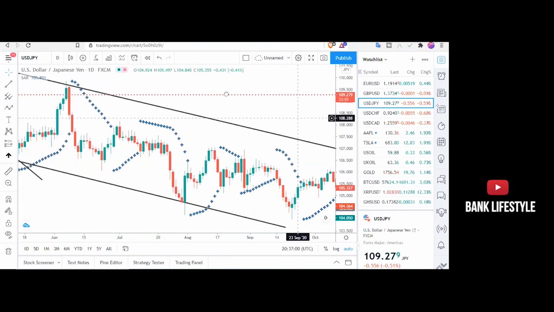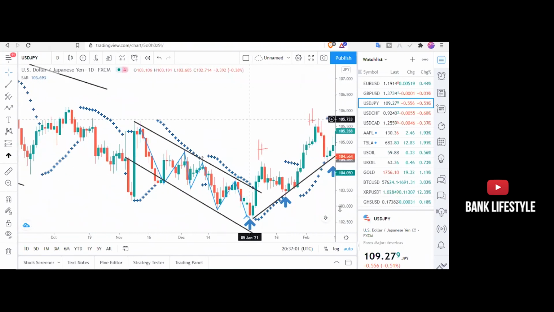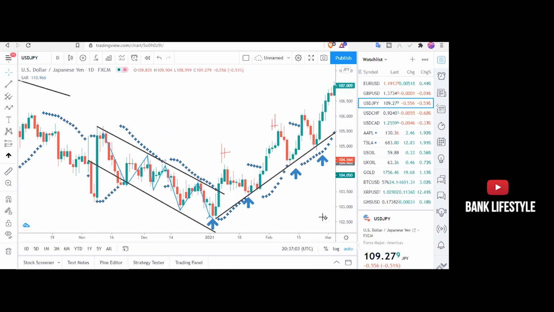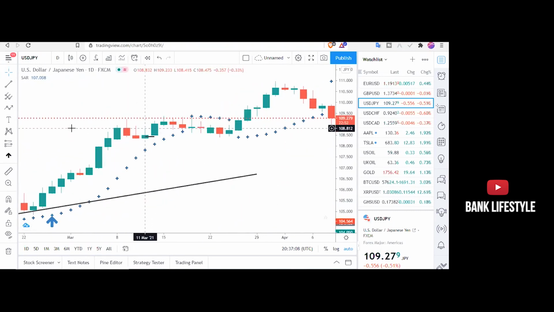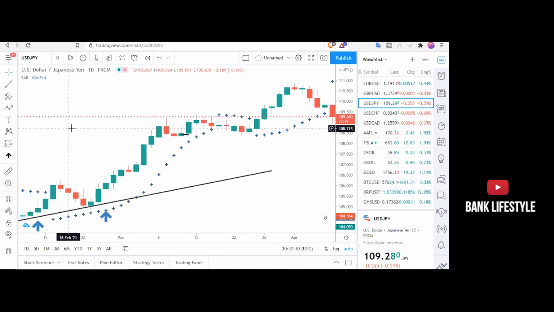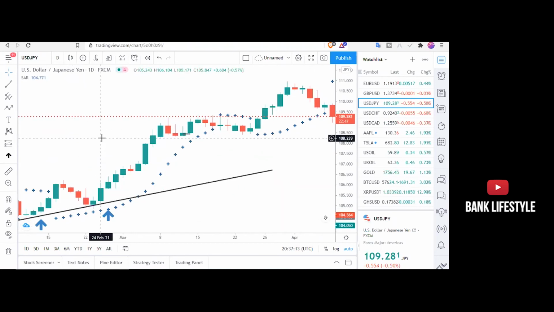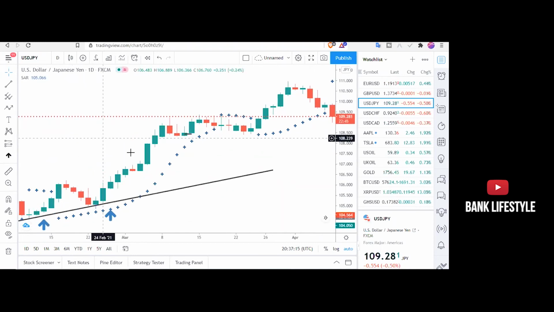So there's the parabolic. Let me expand and start from here. You see that over here, the parabolic was on top, so it was showing you that the price could be going in the downward direction.